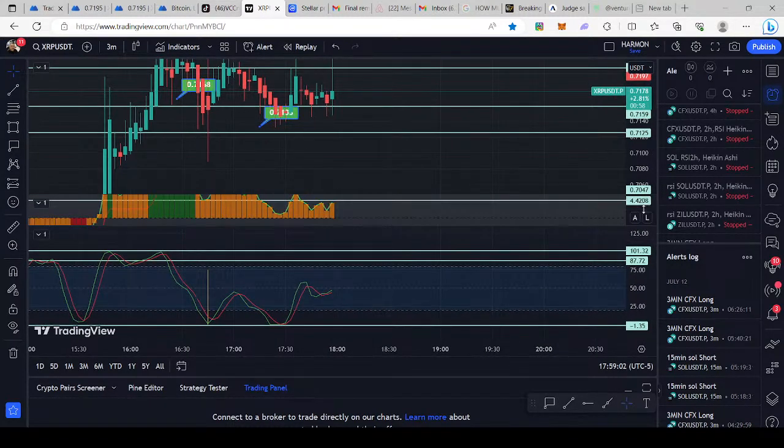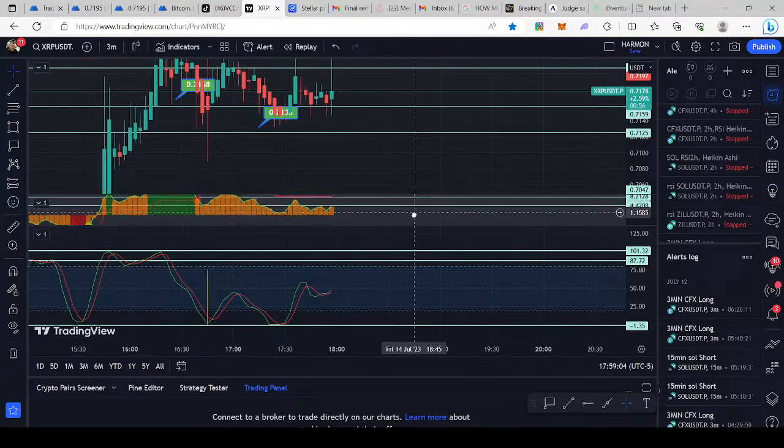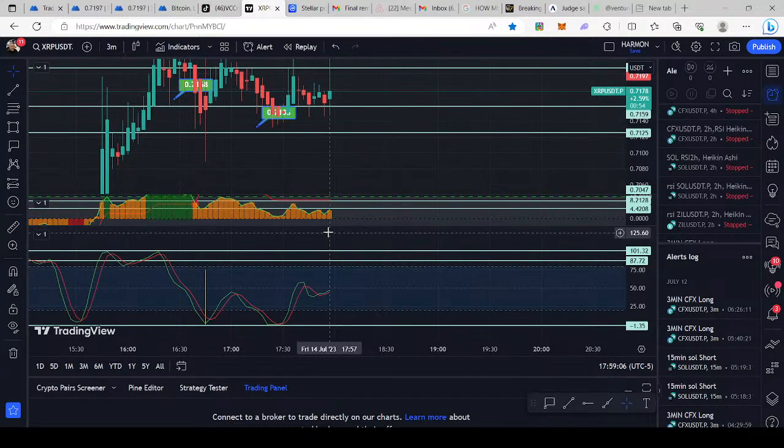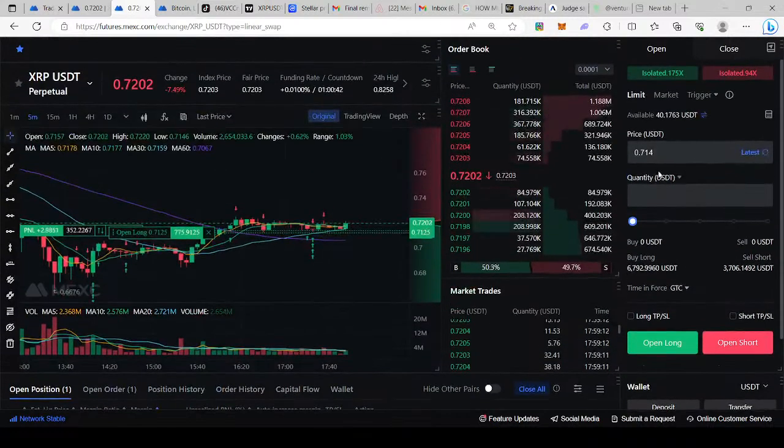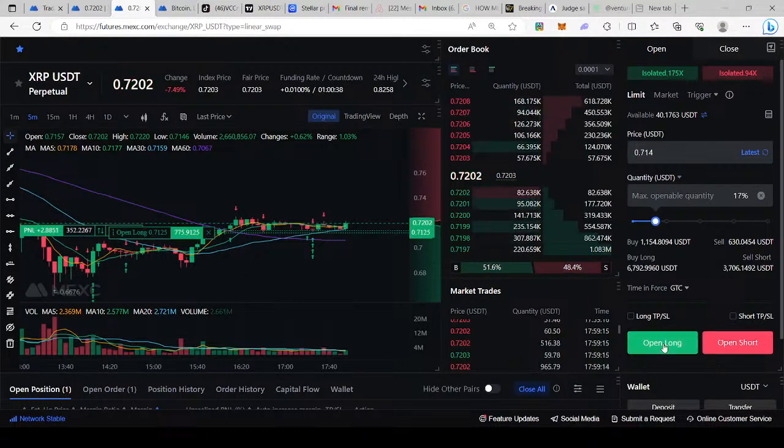That's crazy. We're getting there. We're getting there, boys. 7178. All right, so 7140 will be a buy zone. We'll do a 15 in that zone there.